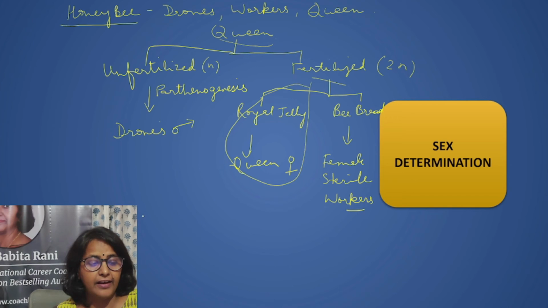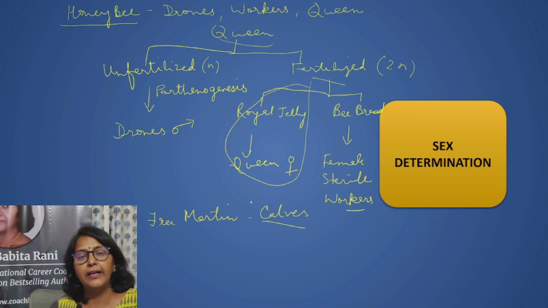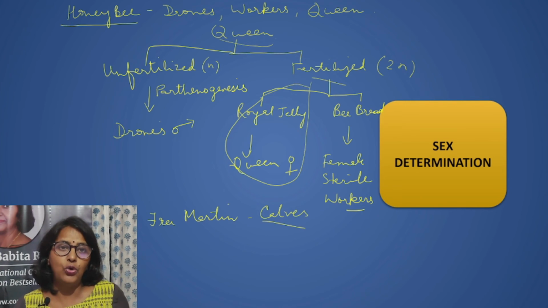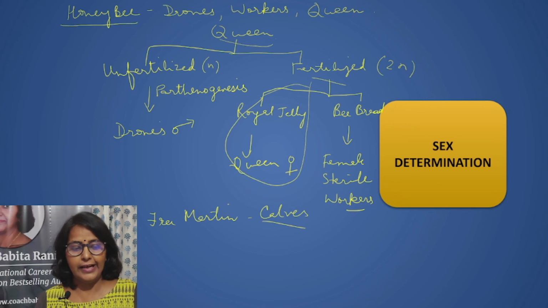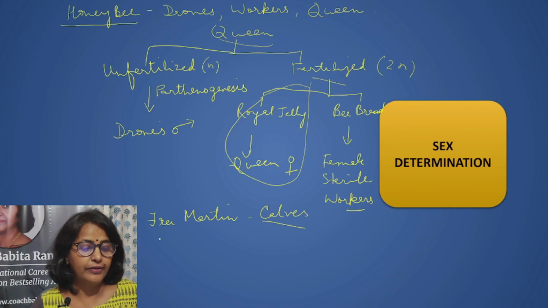Let us take another example of freemartin in calves. Freemartins are dizygotic twins. Dizygotic twins in case of calves.